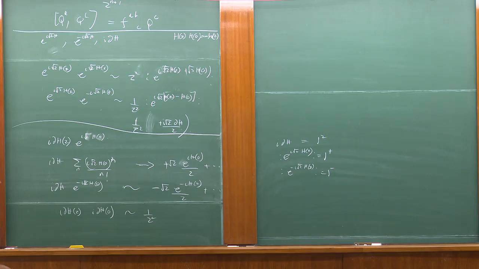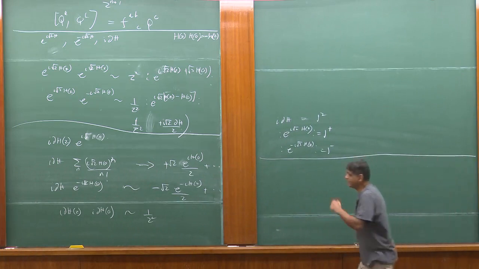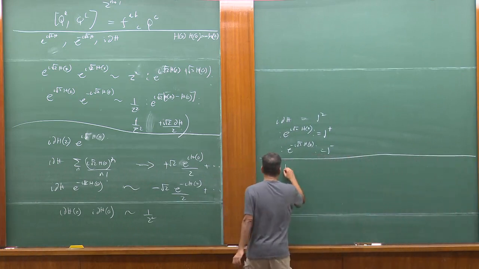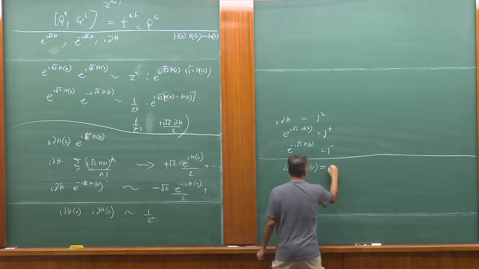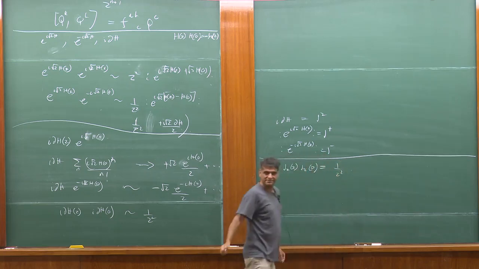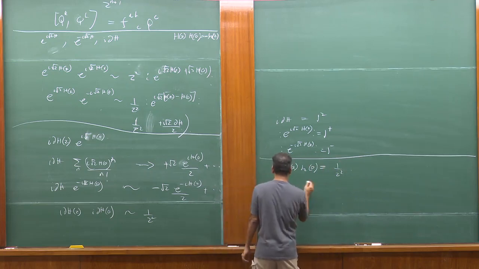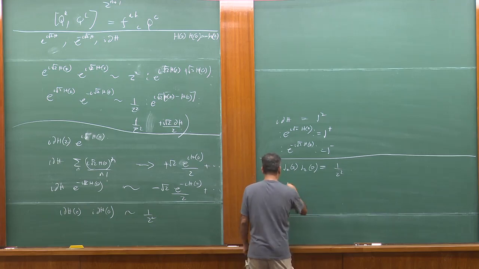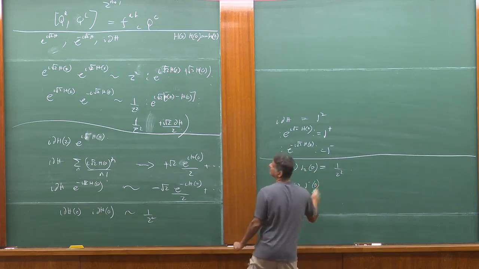Now, with this notation, we see that the OPEs we've worked out are Jz of z, Jz of 0 is equal to 1 by z square. We've also worked out J plus of z, J minus of 0.